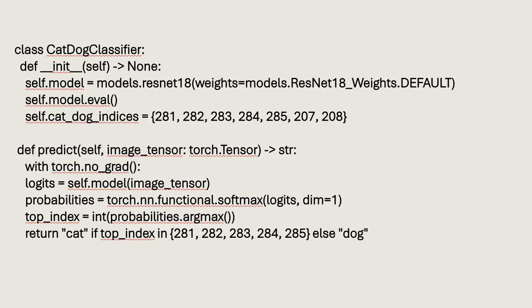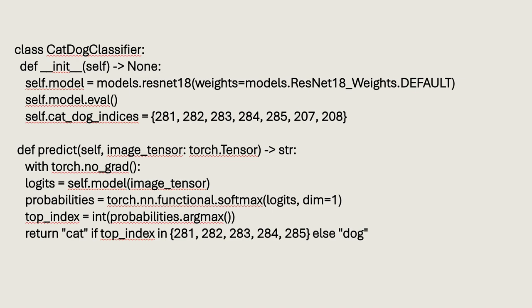The function checks whether the predicted class index belongs to the predefined set of indices, which we've already talked about: 281, 282, 283, 284 and 285, which belong to the cat class.